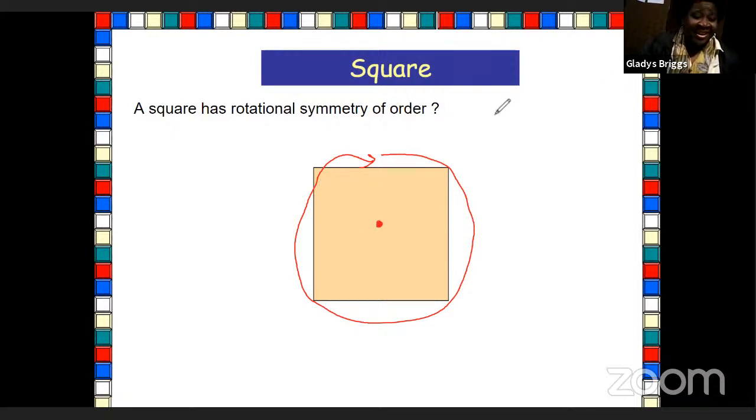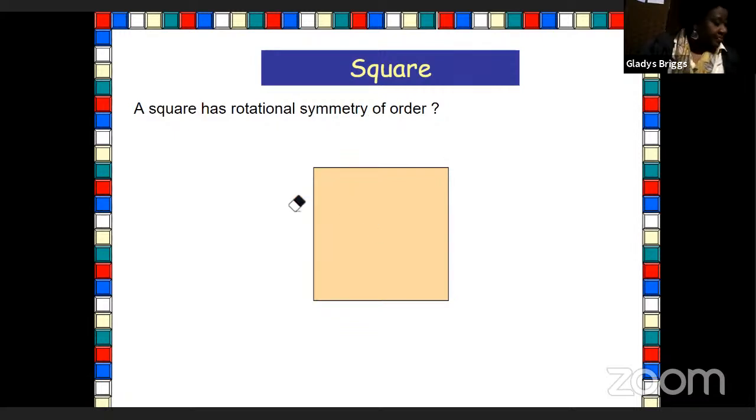Infinity? No. If you do a 90 degrees turn on it, you're going to get it back on itself. If it's a square, you will get it back on itself.